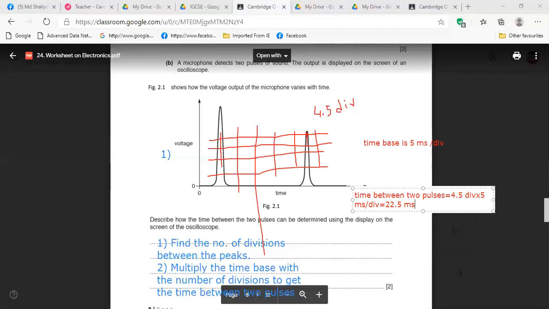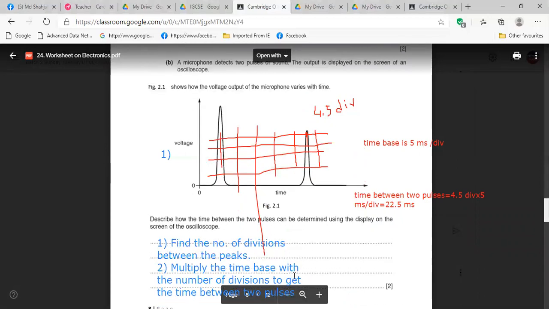Okay? That's it. Yes, it's easy. So this one we just gave here. In the description we gave in 2 steps how to do it.